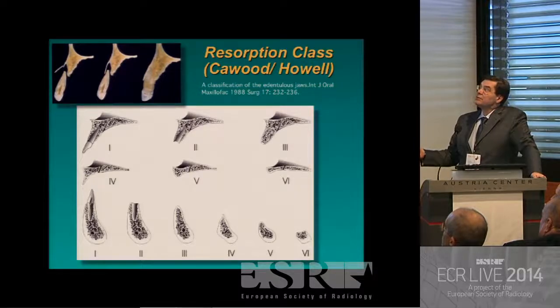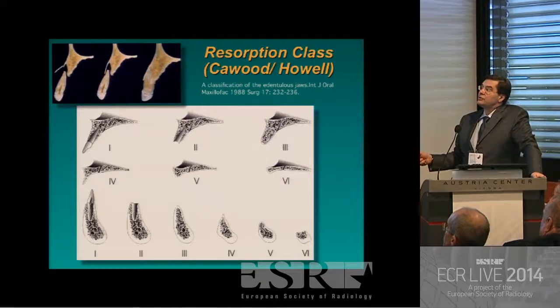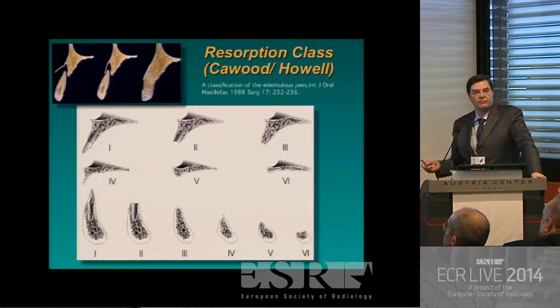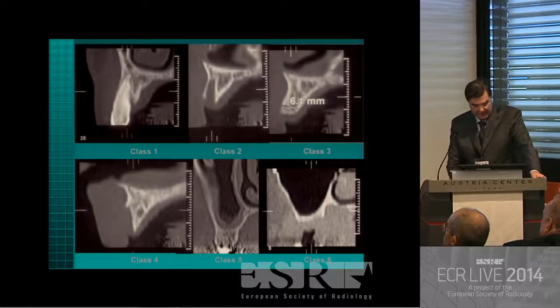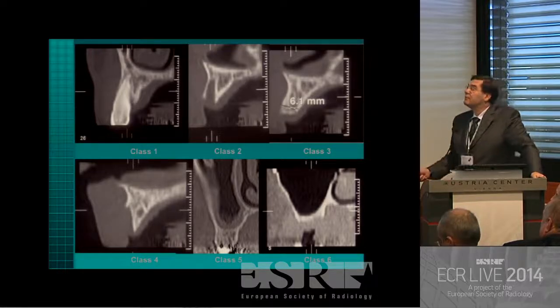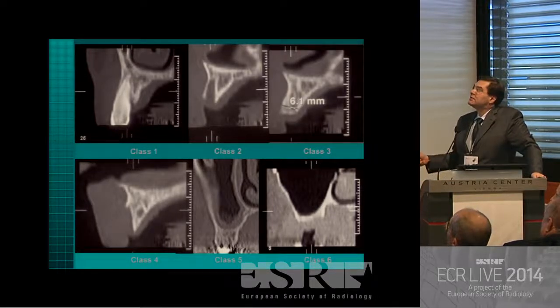If you lose the buccal bone lamella, you get a knife edge ridge. And if you lose both lamellas, the buccal and the palatinal one, you will get atrophy. And you still can put an implant inside this, but you have to use special techniques, augmentation techniques, to get an implant inside. These are these classes here as examples for real CT investigations.